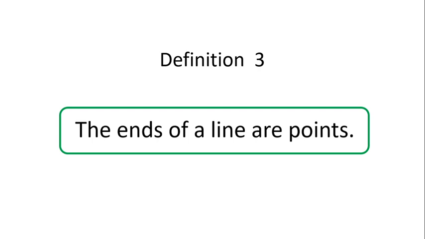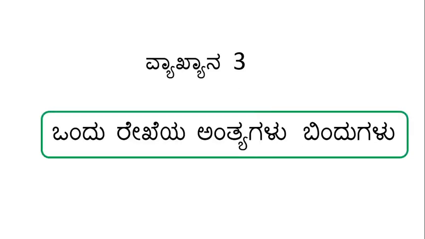So in the beginning there is a point, in the end there is a point, in between those two there are infinite number of points. So definition number 3 says that a line consists of infinite number of points from the beginning to the end. So the ends of a line are points only. This is definition number 3.